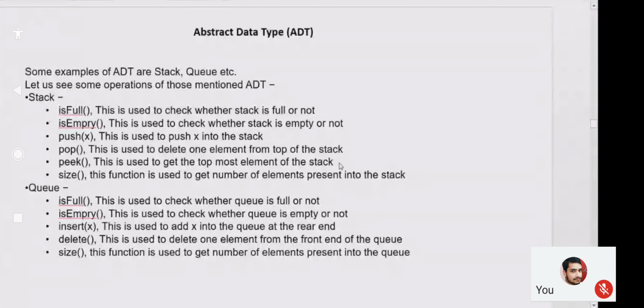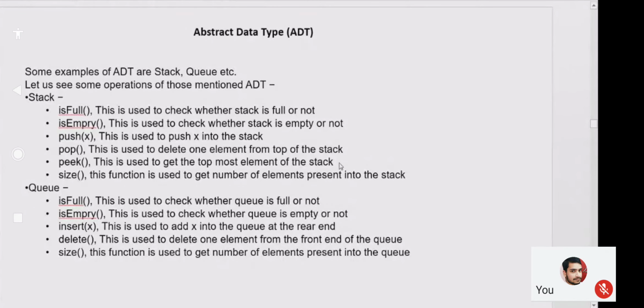That is not an ADT. What I am saying is, when we implement push, pop, display, these are the properties of stack. But a particular function of any program is not a property of that program. Here stack and queue are data types.